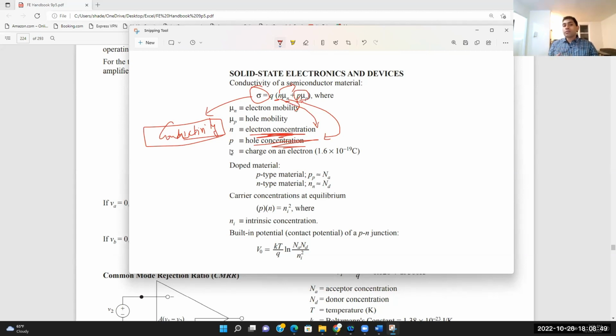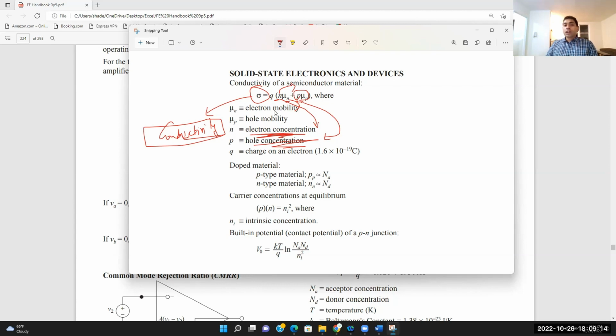We are assuming the semiconductor has both n-type and p-type. If there was no p-type, you would just ignore that and focus on the n-type. But supposedly there is both, which is usually the case when it comes to MOSFETs and all. So you just add up the concentrations and the mobilities.